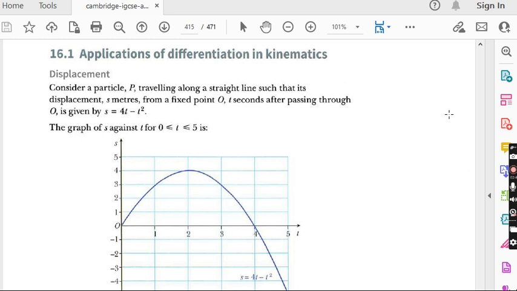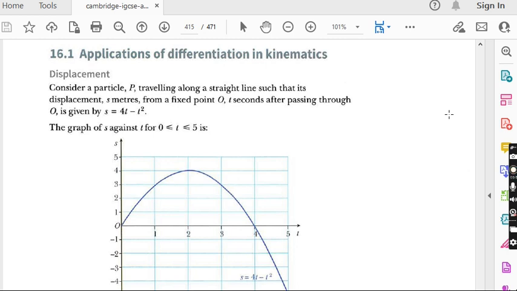Consider a particle P traveling along a straight line such that its displacement s meters from a fixed point O, meaning origin, t seconds after passing through O is given by s equals 4t minus t squared.